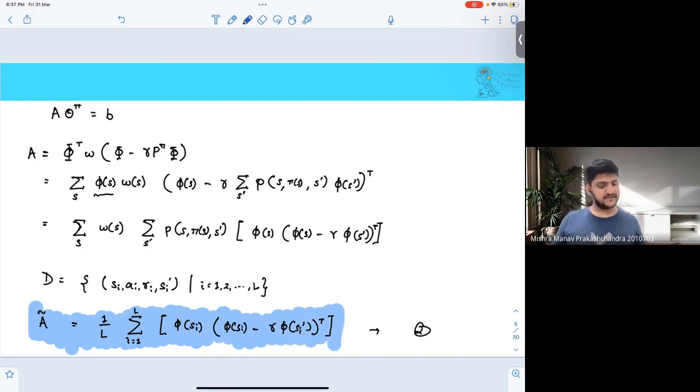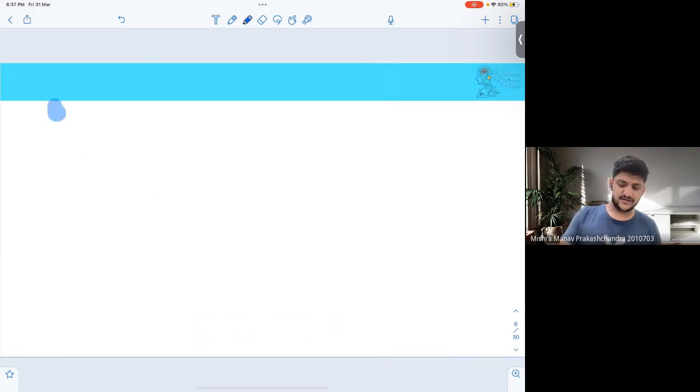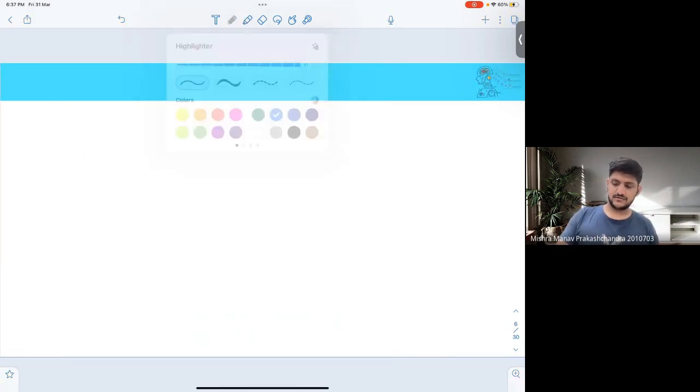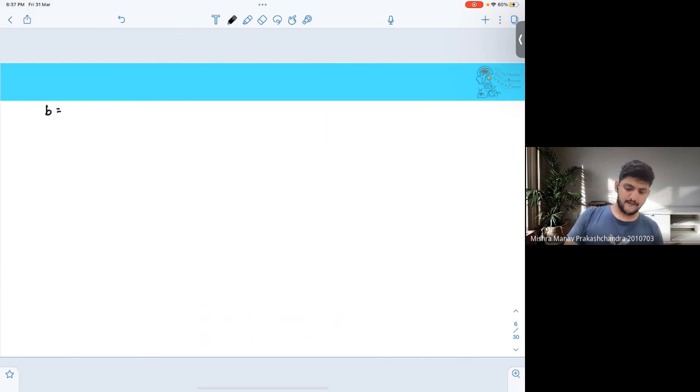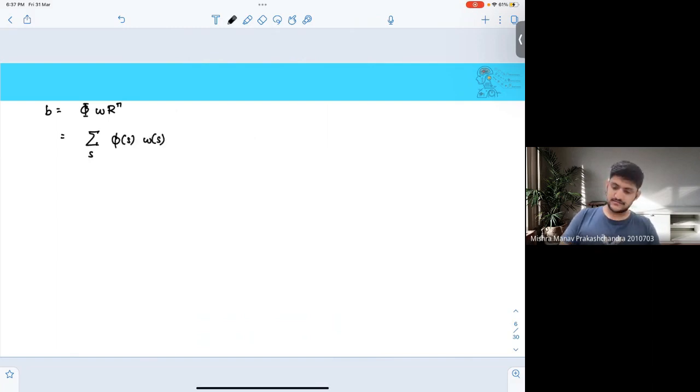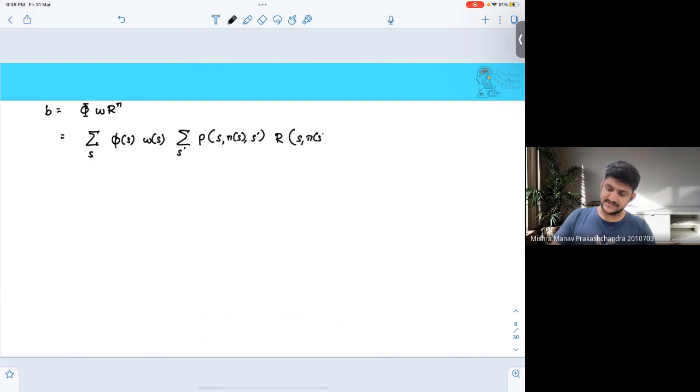Similarly, now we look at small b. My small b looked like this. If I write it in the vector notation, I have phi(s), omega(s), s prime, P(s), phi(s, s prime), r(s) phi(s, s prime).